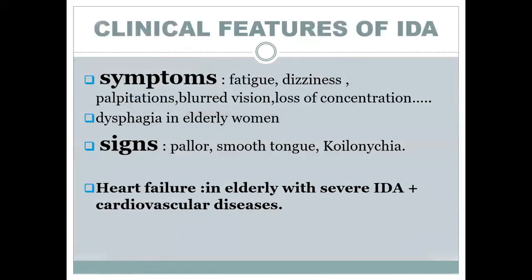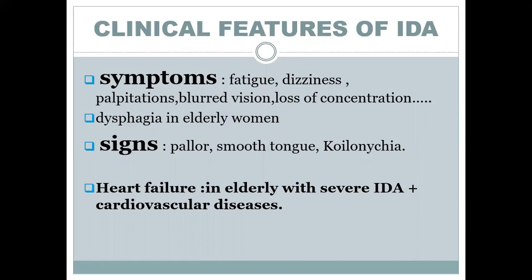Okay, so a patient with iron deficiency anemia usually presents with a slowly progressive problem. The symptoms include fatigue, dizziness, palpitations, especially on exertion, blurred vision, difficulty in concentration.